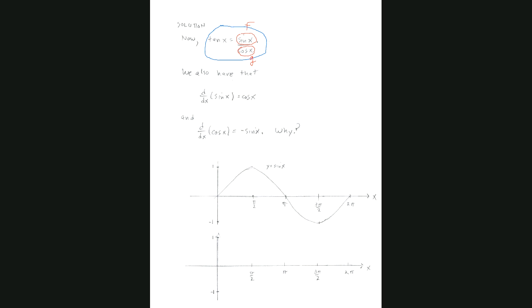The quotient rule in brief notation is defined as f prime times g minus f times g prime, all over g squared, right?